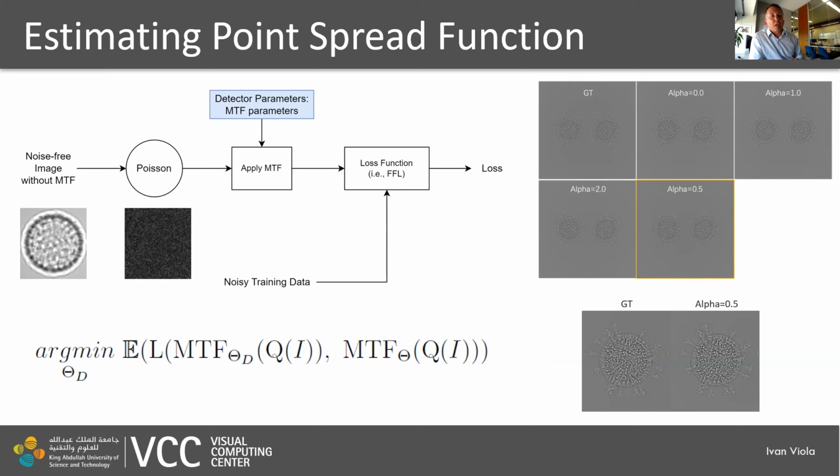And we have realized that with alpha equals approximately 0.5, we get the best results and are able to reconstruct the MTF function parameters. And we can go further on the detector side.